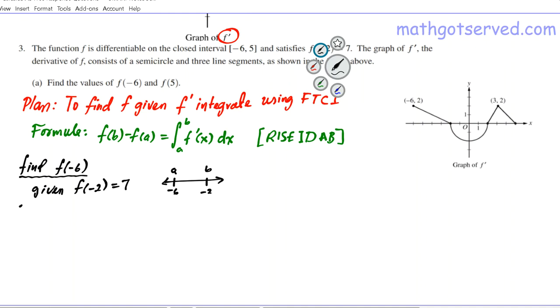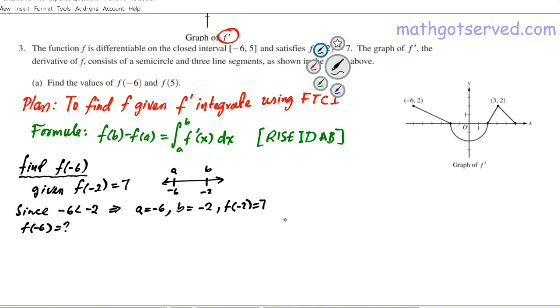Okay, so since negative 6 is less than negative 2, as you can see on my number line right here, that follows that A is going to be the smaller one, B is going to be the bigger one. Okay, and we also know that f of negative 2 is 7. So what we're looking for is f of negative 6. So f of negative 6 is a mystery here.